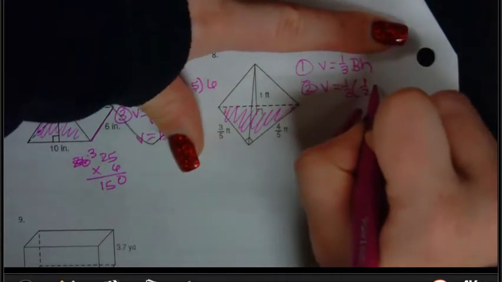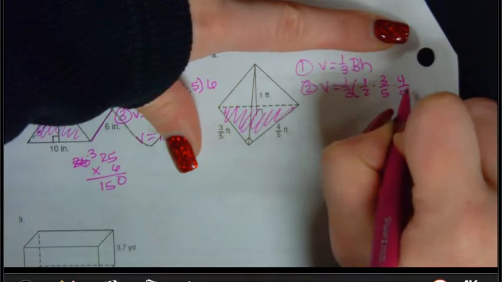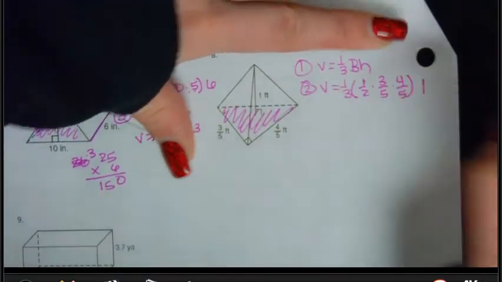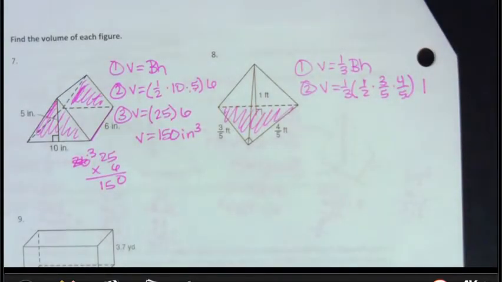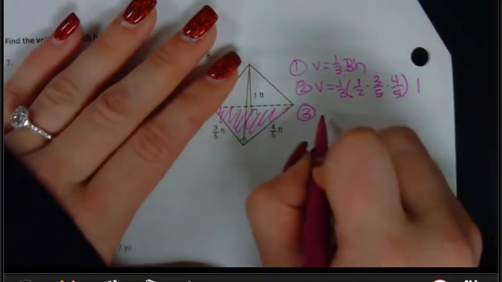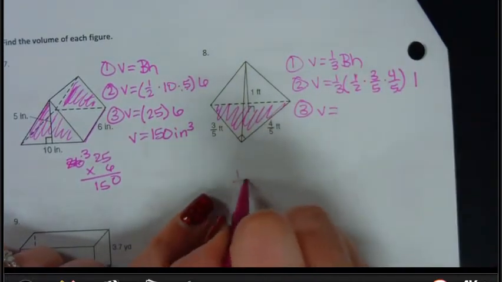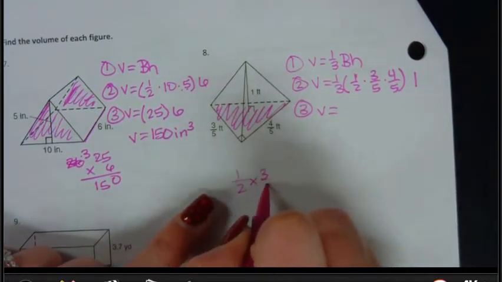So 1/2 times 3/5 times 4/5. And then I'm going to multiply that by the height of my pyramid, which is 1. Okay. All right. And then step 3 is to solve. Now I'm going to pull this down here. So 1/2 times 3/5.